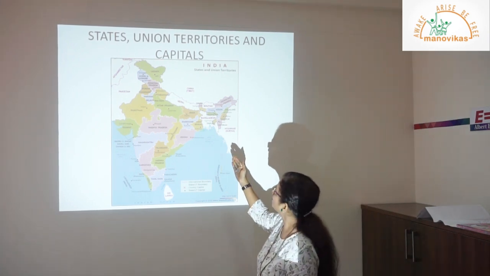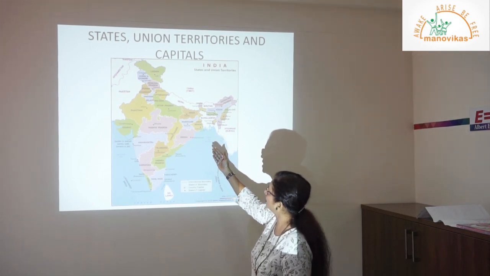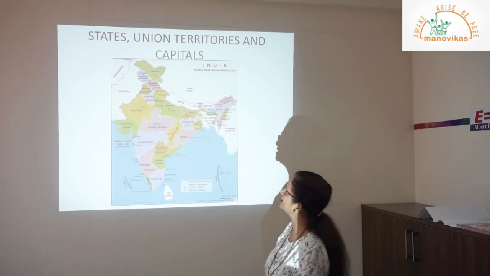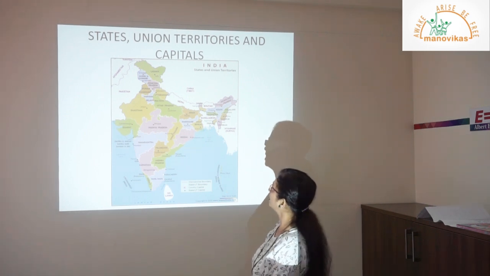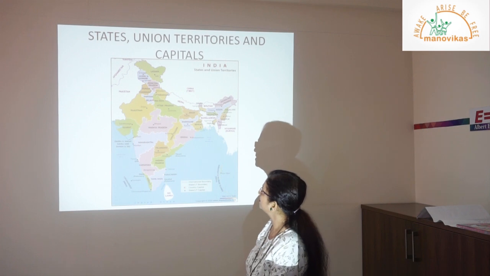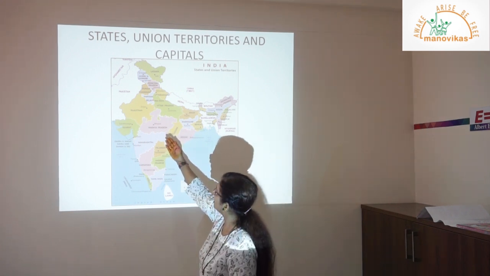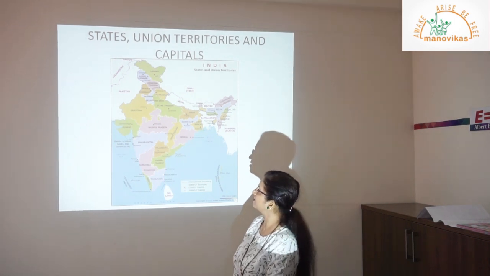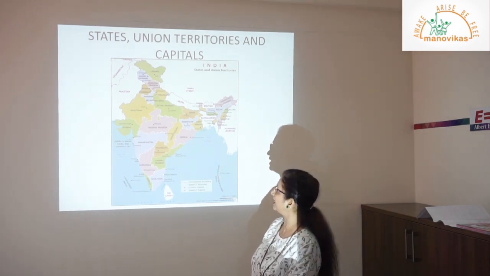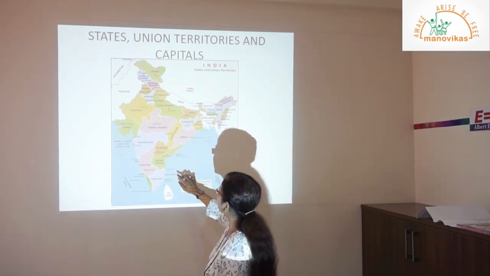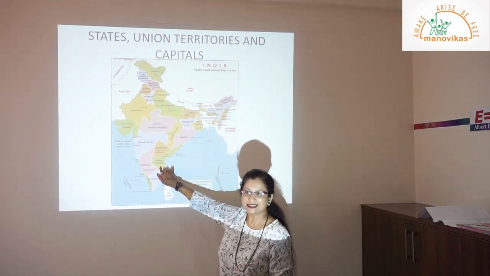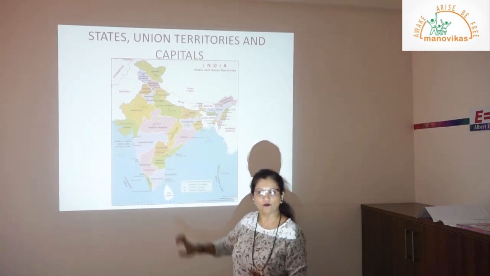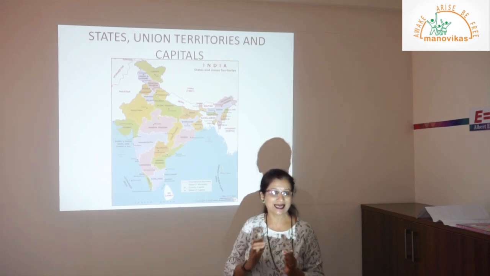We come down to West Bengal, Kolkata, Jharkhand, Ranchi, Chhattisgarh, Raipur, Odisha, Bhubaneswar. Then we come here, Madhya Pradesh, Bhopal, Gujarat, Gandhinagar, Maharashtra, Mumbai. The capital of Andhra Pradesh is Amravati, but it has not got a full approval yet.